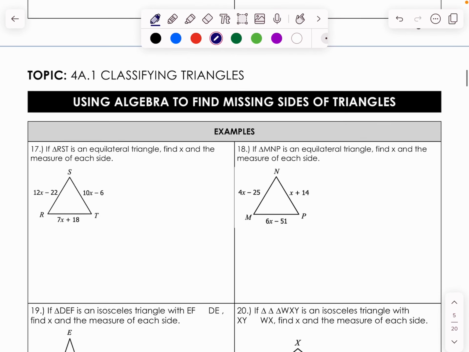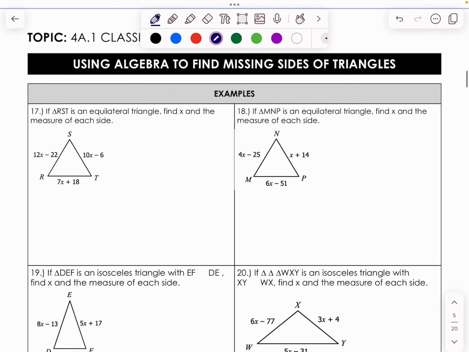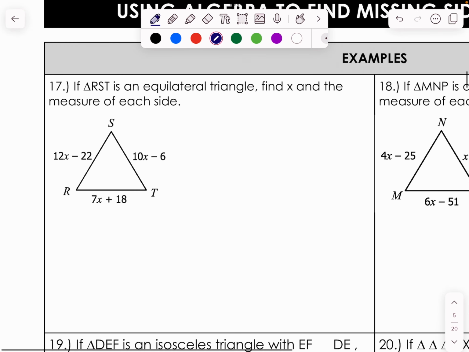Okay, so let's look at using algebra to find missing sides of a triangle. So if we look at number 17, okay, so let's find the sides of, or if it's an equilateral triangle, find x. Okay, so here are our values. Well, if they're all equal, all we have to do is pick just two sides. Okay, set them equal to each other.